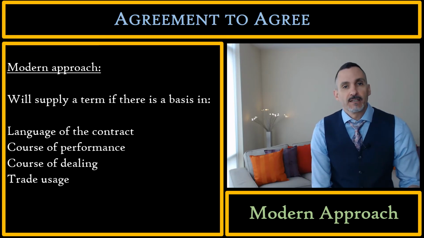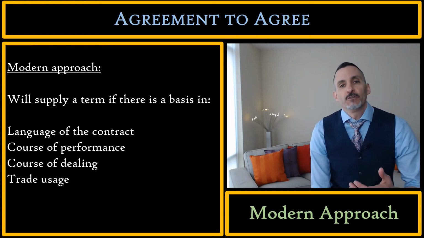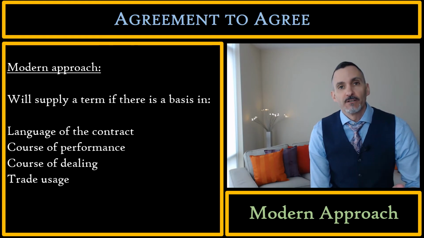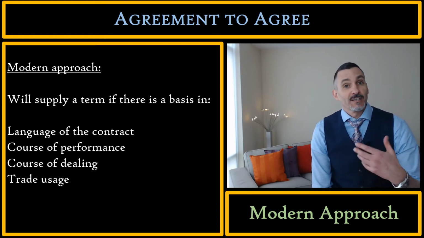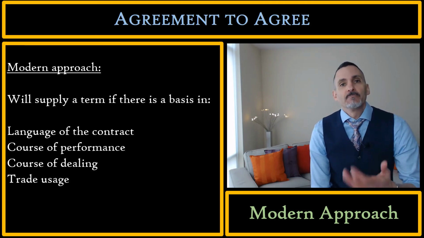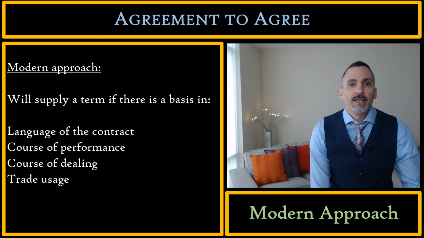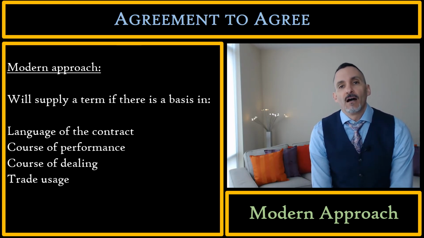If it's a monthly contract or an installment contract, then they've already had experience agreeing to whatever material term they agreed to agree to. The court can look at that and say, you know what, I've seen what you've done under this contract, and I can make you do the same thing now. And so I will supply the material term based on what you have already done under this contract.